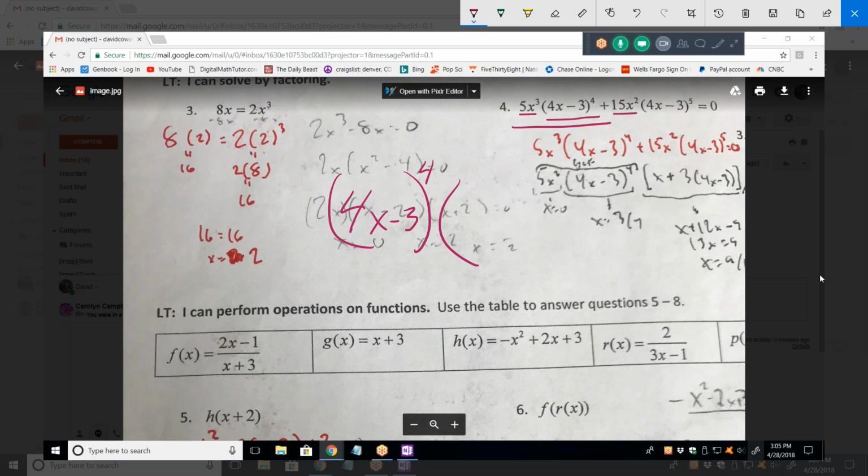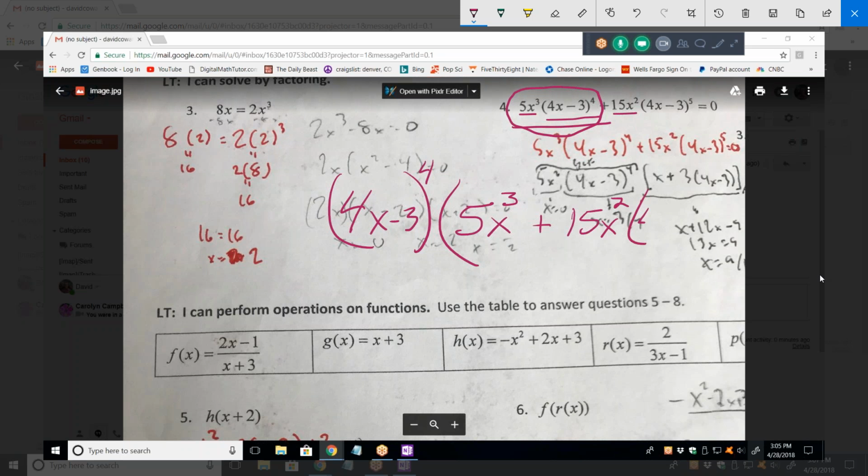So you've got, is it times 5x cubed minus 15x? Hold on. That's what you get when you divide that by our factor, is 5x cubed. Now, you also get 15x squared times... or not minus, plus, times 4x minus 3.